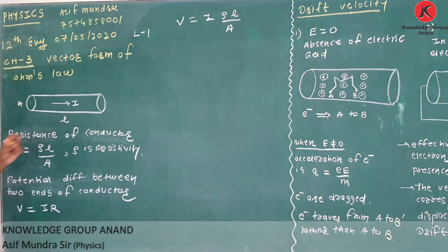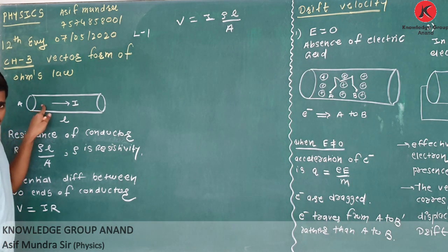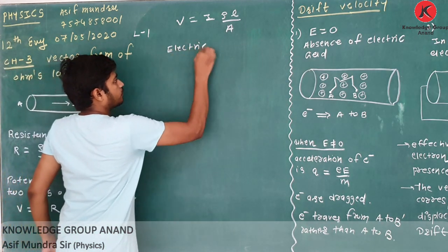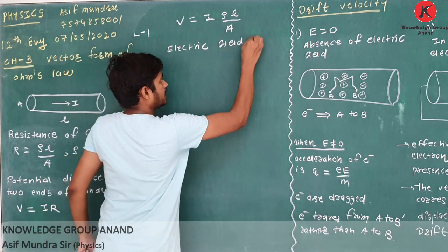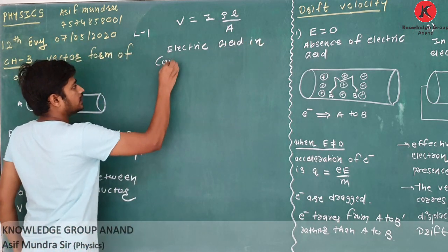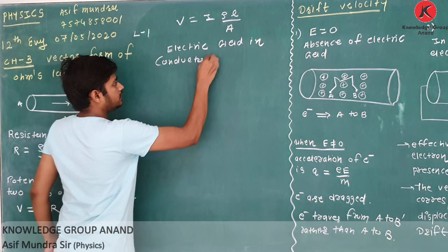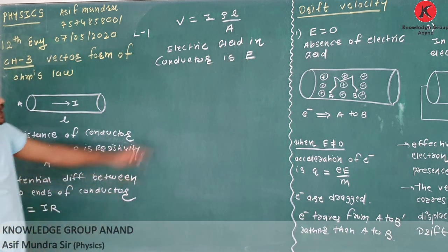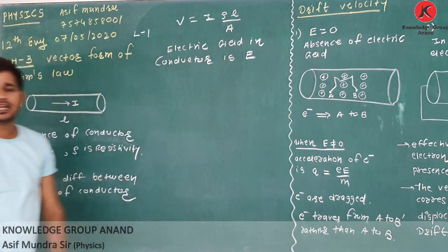Now, V is the potential difference between the two ends. Potential difference is created when there is some electric field. So if I say the electric field in this conductor is E, then what is the relation between potential difference V and electric field E?